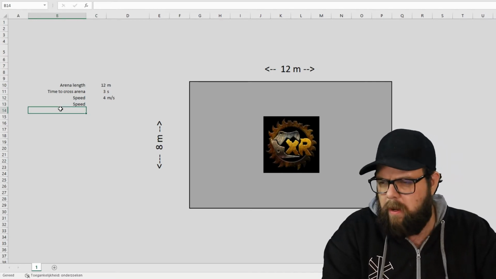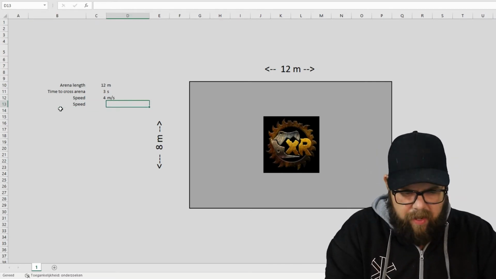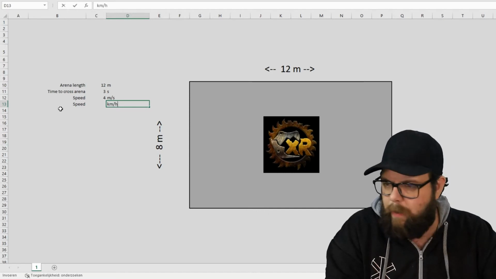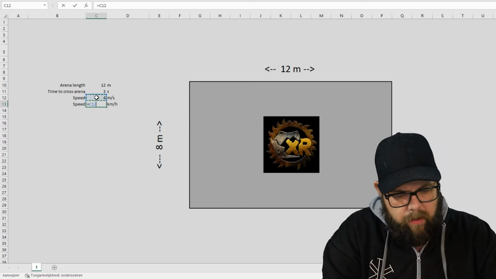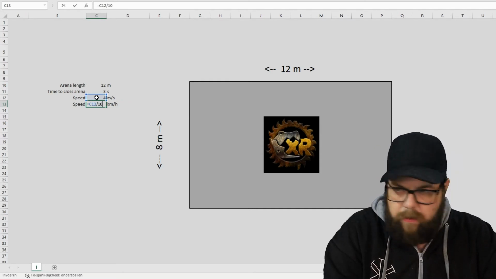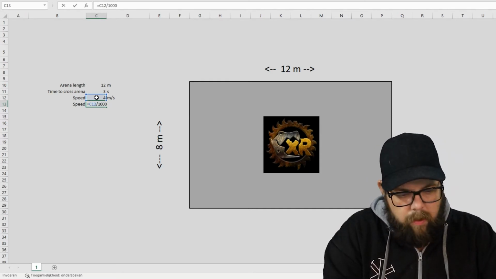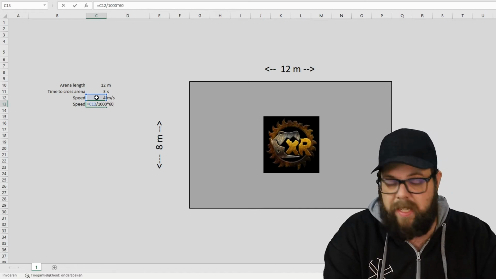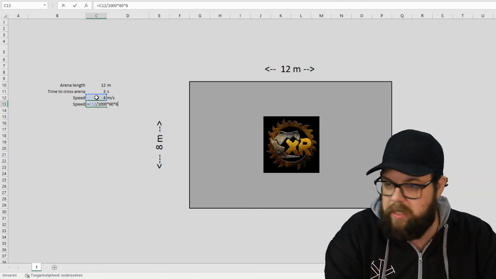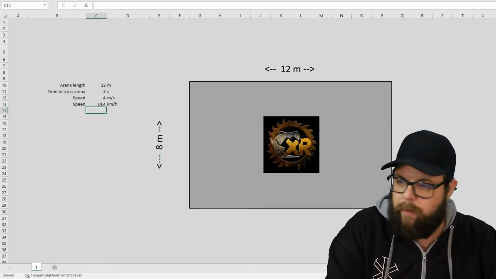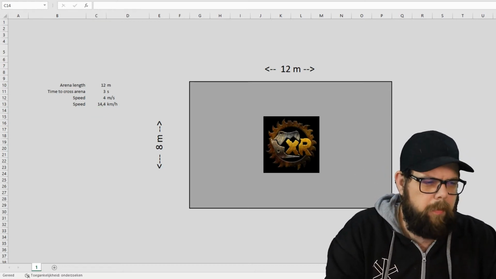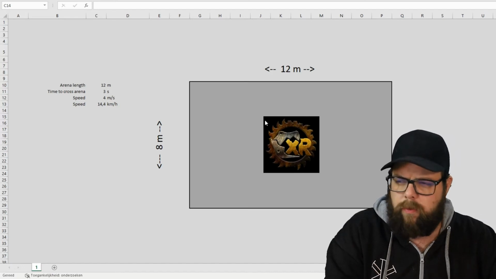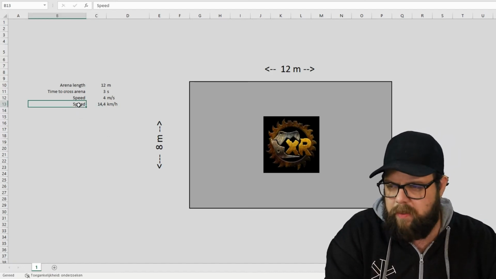Not a really common speed, so let's translate that to kilometers per hour. We take the speed, divide by 1000, multiply by 60 seconds and multiply by 60 minutes, and we know our robot is now 14.4 kilometers per hour. I'm going to say 14.4, I don't know what that means.